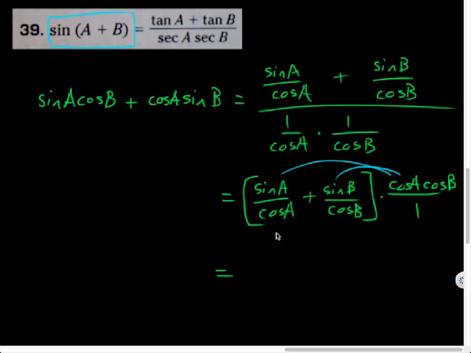I'd have sine A times cos B. And here the cos B's would cancel out, and I'd have sine B times cos A. And it's plus. And I'm comfortable with calling that verified. Sure, this is flipped around, but commutative property, friends. Commutative property. We're good with that. So that's verified. Whew. This was a long going over the homework video.